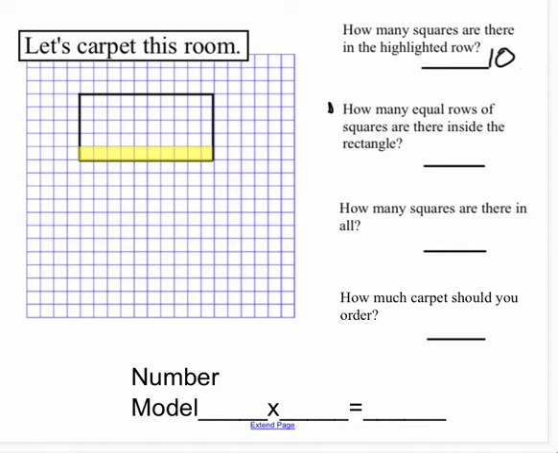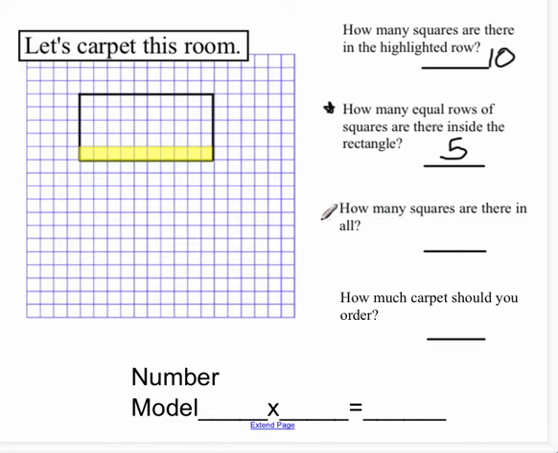The next question says, how many equal rows of squares are there inside the rectangle? So that means how many rows of 10 squares are there inside this whole rectangle? Rows go across, so there is 1 row, 2 rows, 3 rows, 4 rows, and 5 rows. There would be 5 rows that are all exactly the same length as that highlighted row.